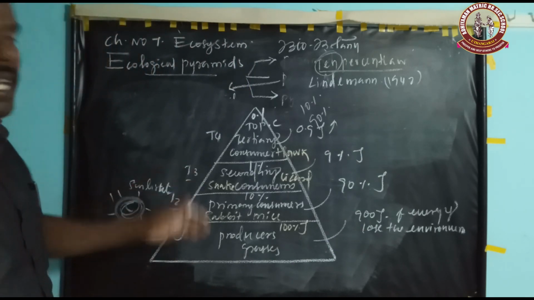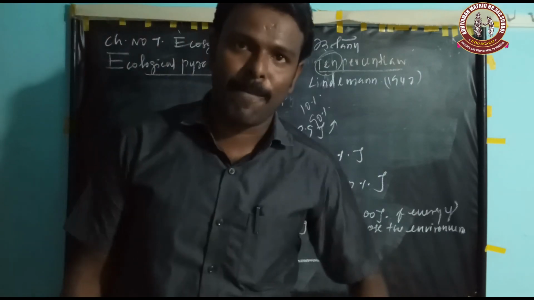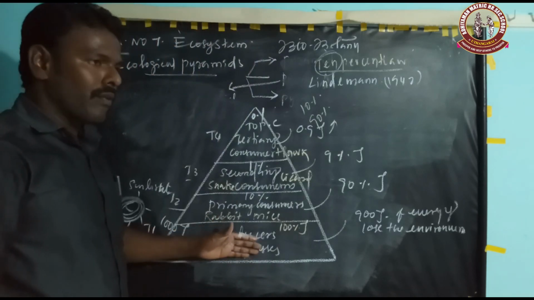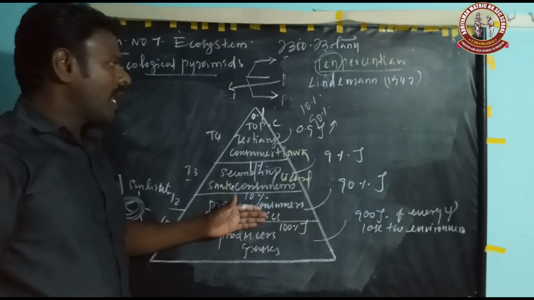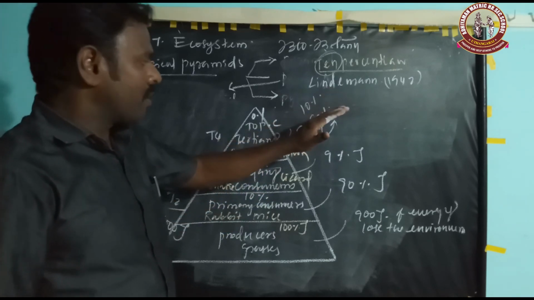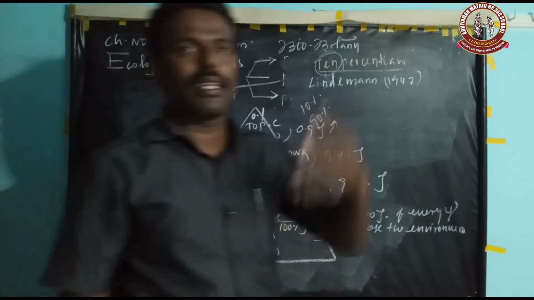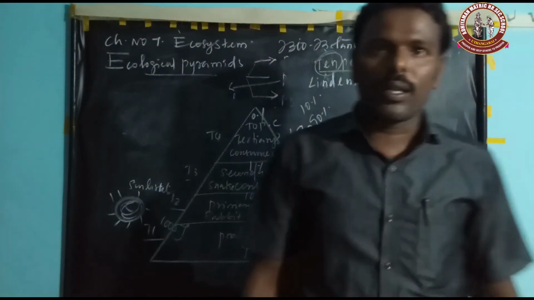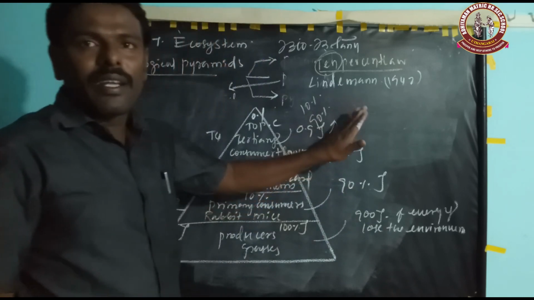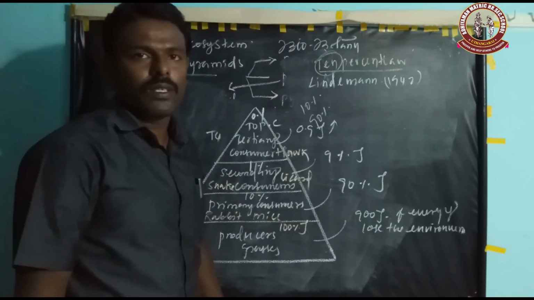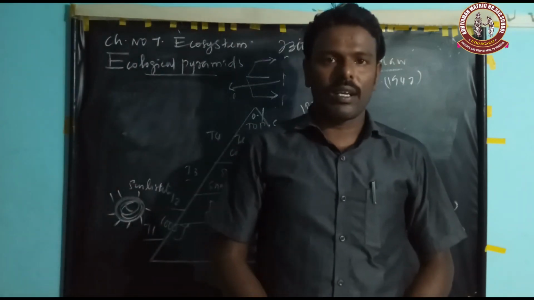So therefore you see the tracing of the effects. So every trophic level only utilizes 10% of the energy. The remaining 90% of the energy is lost to the environment. So therefore, the pyramid of energy is always upright. Thank you students. Today class is over.